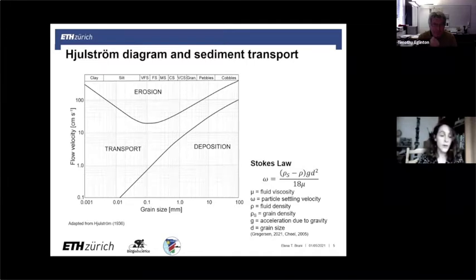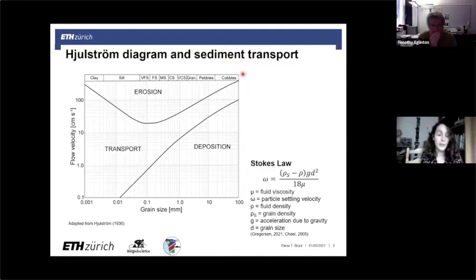This is a modified figure from Hjulström from 1936, and the lines you see here are the boundaries which separate the different motion fields. On the x-axis, we have grain size, here numerically, and on top with names which you might know, and on the y-axis, the flow velocity.